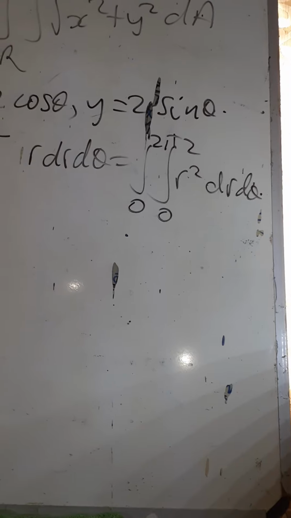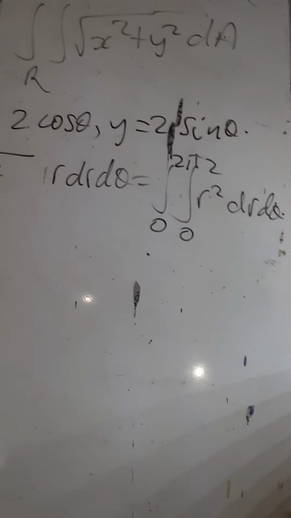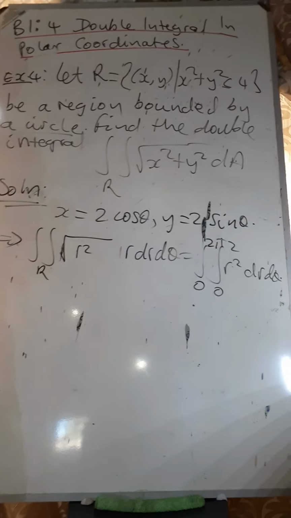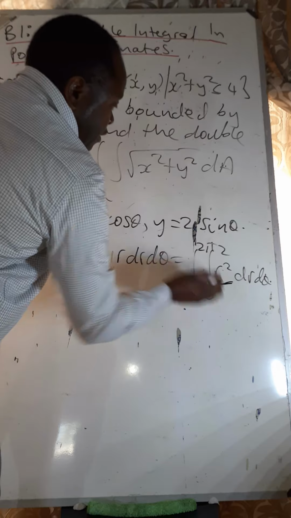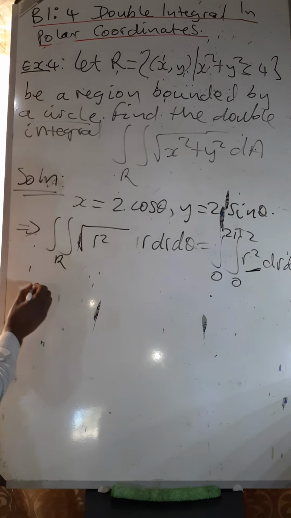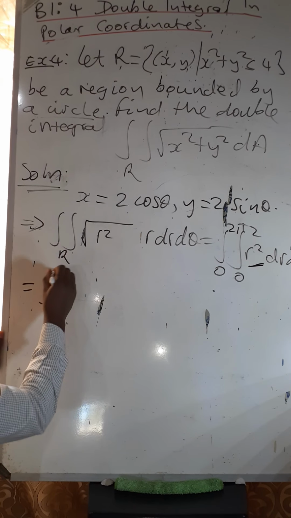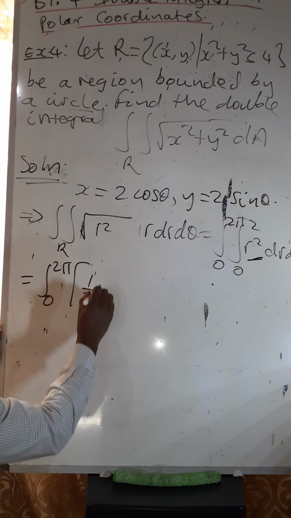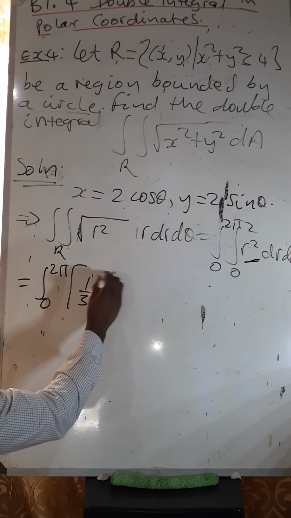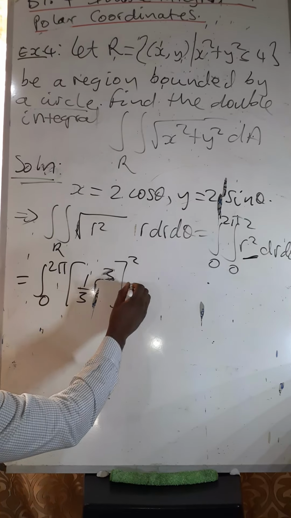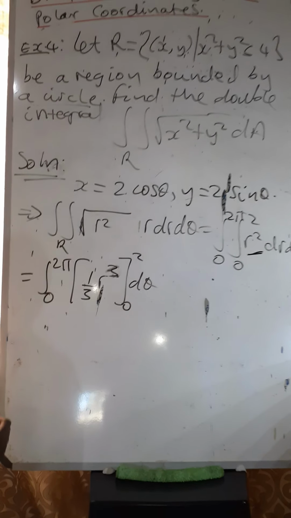Okay? Now, we can then integrate this with respect to r. You will have 0 to 2 pi, it will be simply 1 over 3 r cubed from 0 to 2, then d theta.